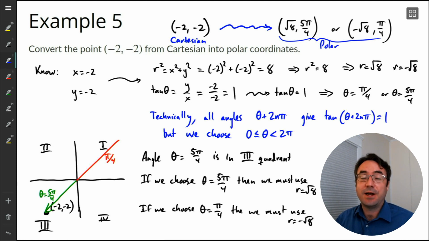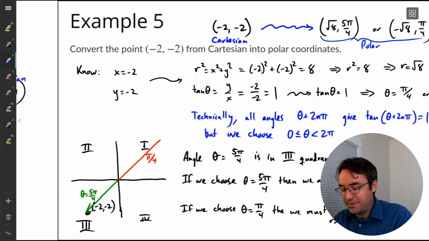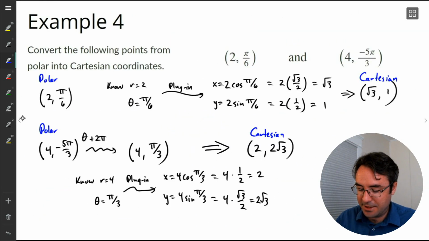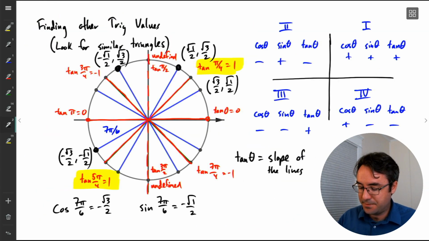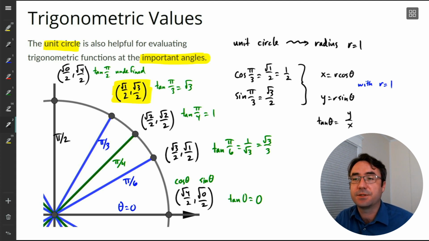This time we saw how to convert back and forth between Cartesian and polar coordinates, and we also had this nice discussion about the unit circle and how to find the values of all the points and all the cosine and sine values around the unit circle. If we were just going to the first quadrant here, it really comes down to knowing these. And then we can figure out the rest of the points along the unit circle from these.